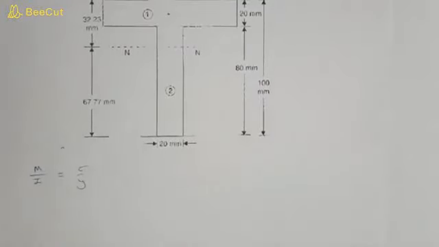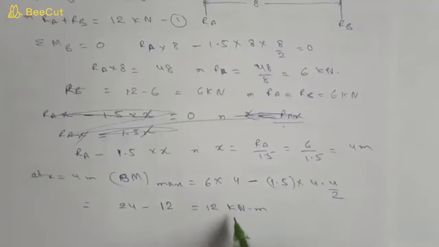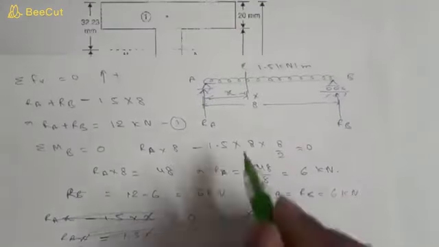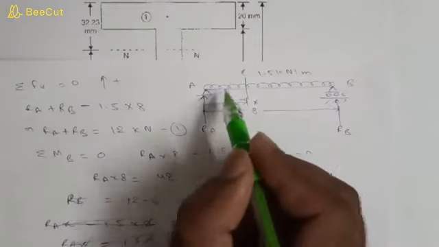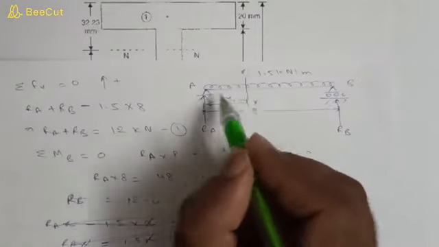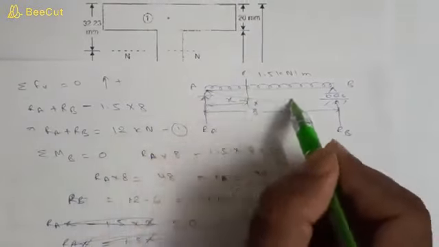Now we have drawn the beam already, and we have calculated maximum bending moment, which is equal to 12 kilonewton meter. But you can observe that this is a simply supported beam and load is applied downward, so the beam will bend like this.